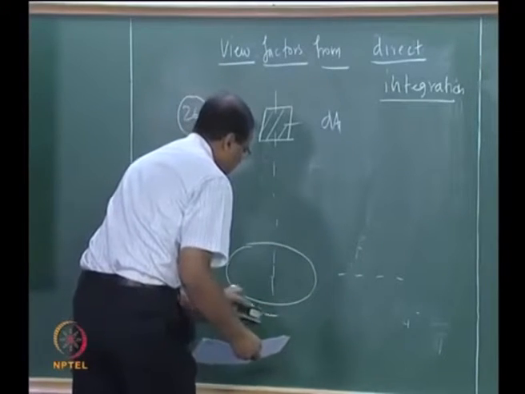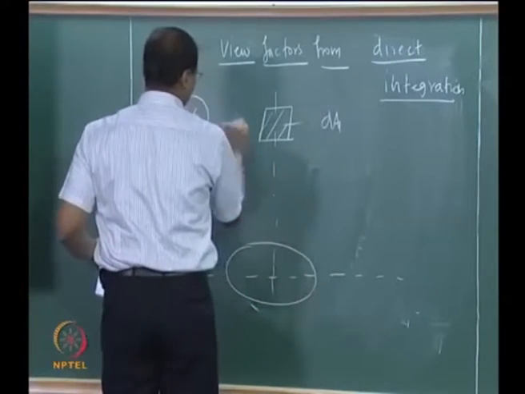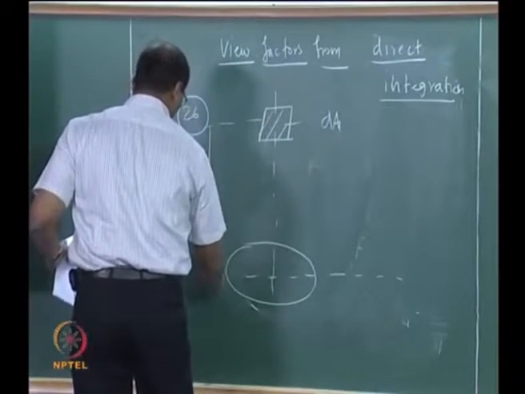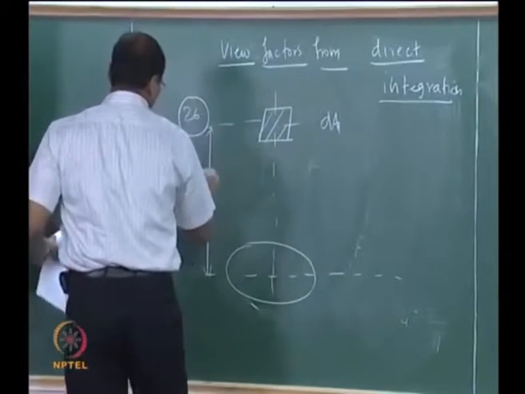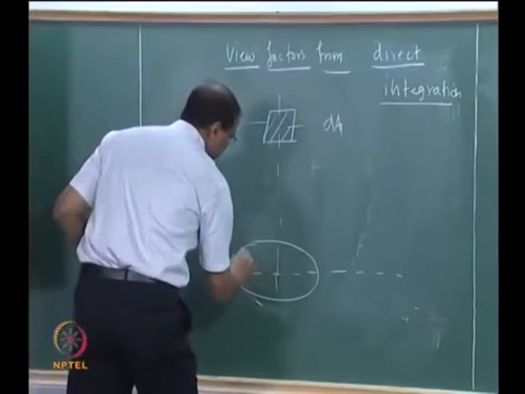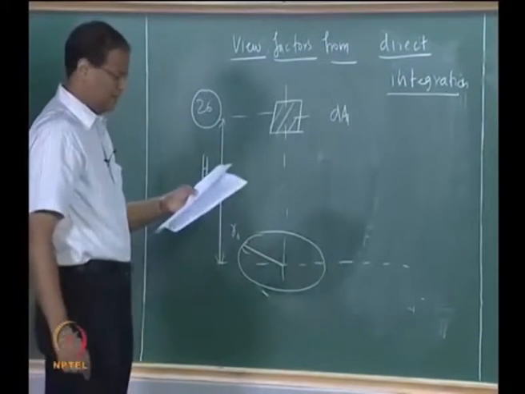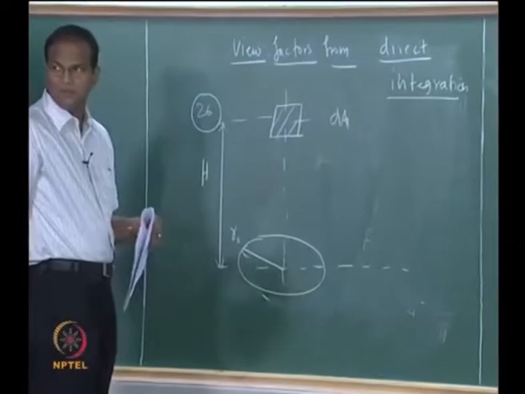I have a finite area here, a circle. The height is h. The outer radius is r naught. It is a circle, right? It will look like this. It is not an ellipse.